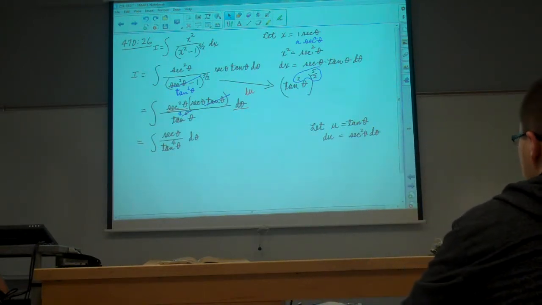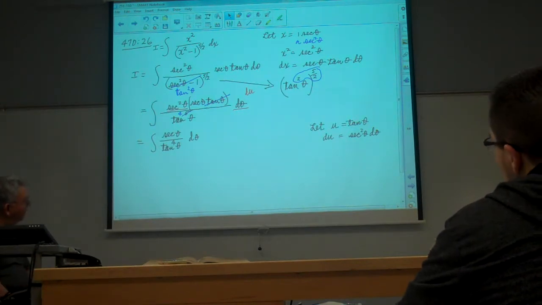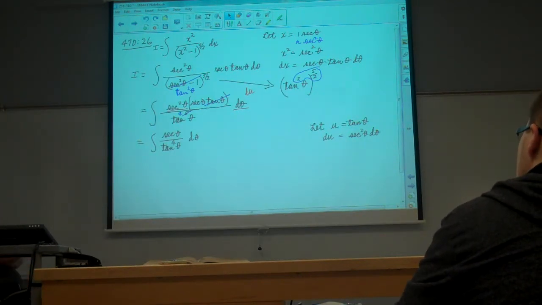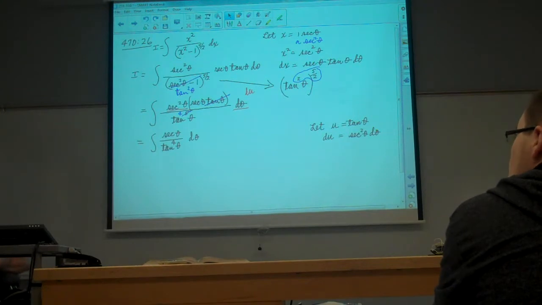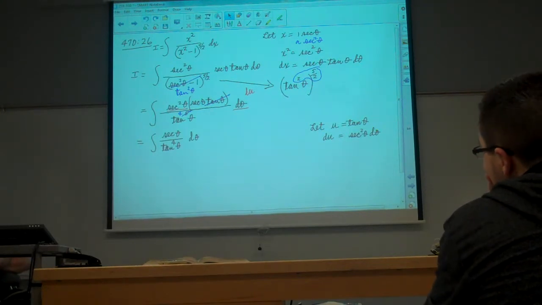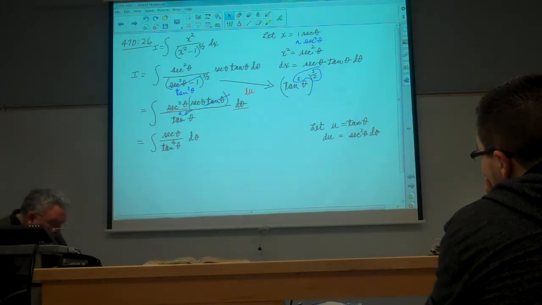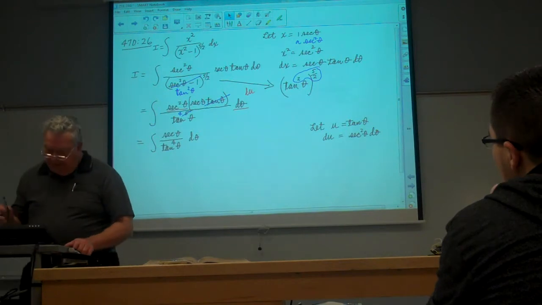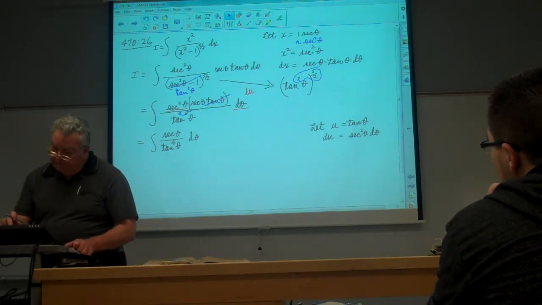Would that be secant cubed? Yeah, if I do that, it'll be secant cubed up here.